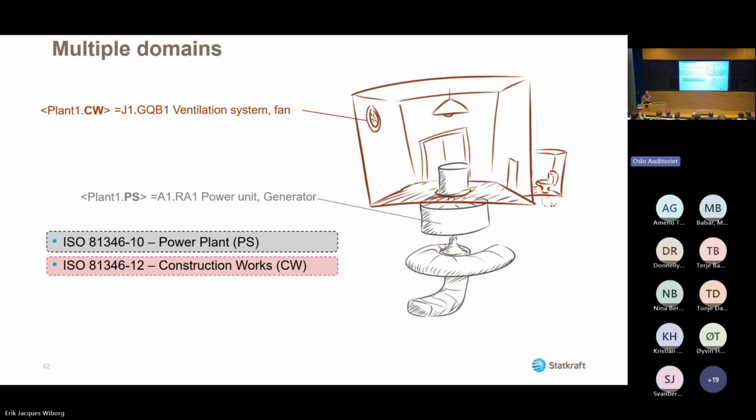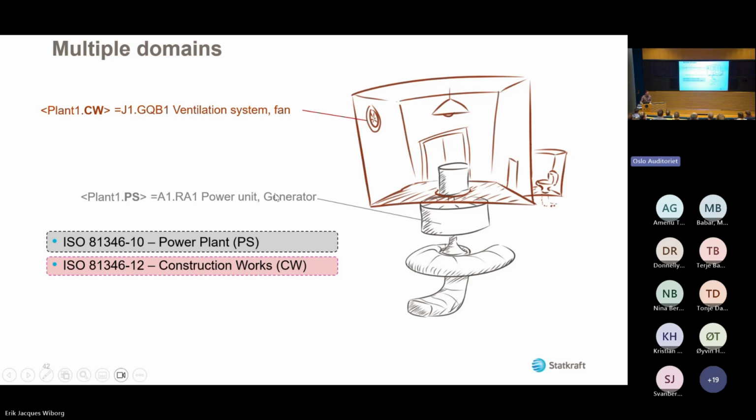That would make it too big. It wouldn't make sense. Plus, if we're working with the building, we will probably be working with someone from the building industry, not from the power industry. So they would be used to part 12. So it was for practical concerns that we unanimously decided that we're not going to include part 12 components. They should stay there, and we'll just figure out a way of using both parts.